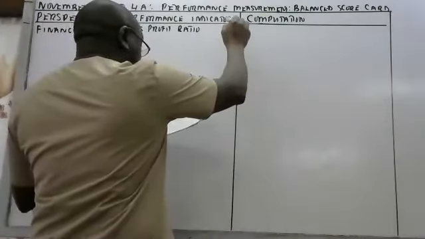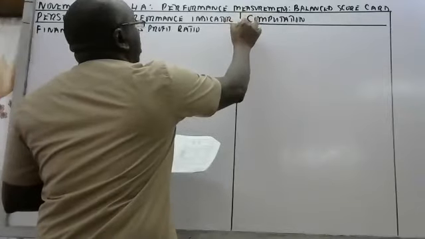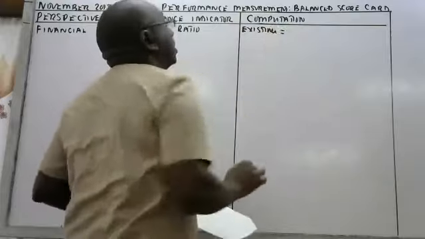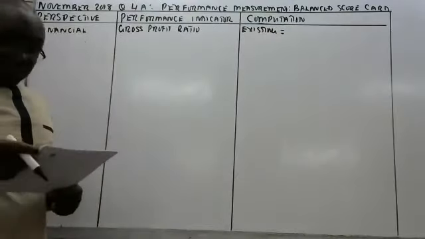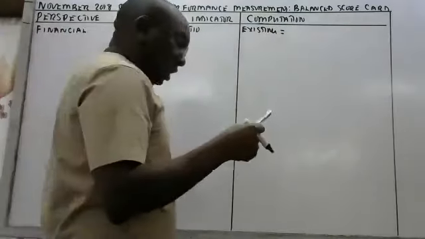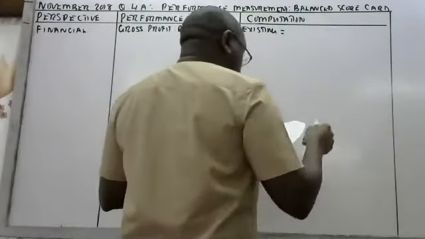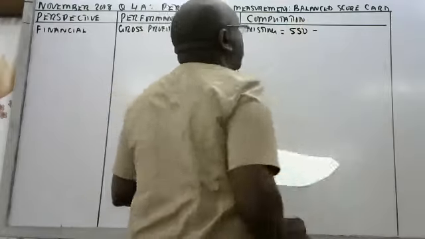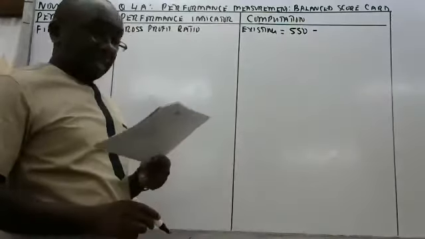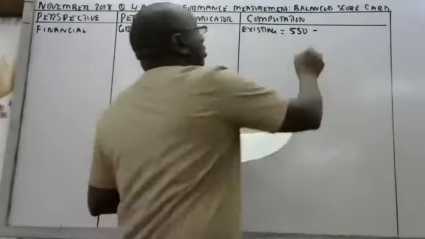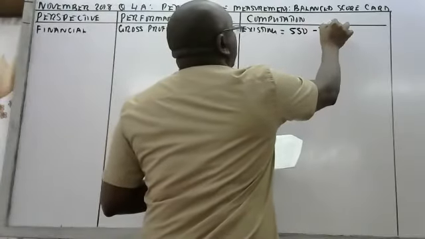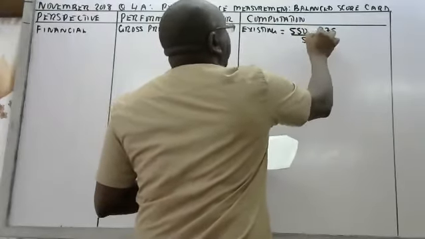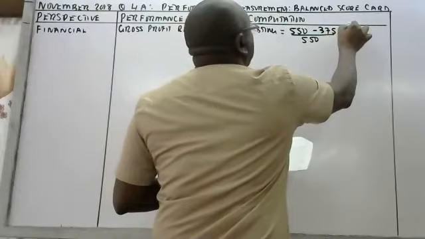Now for the existing, the gross profit ratio should be the revenue. You can see the revenue is 550. You less the costs, the production cost of 375. Then this one you divide by 550. You can even multiply by 100.